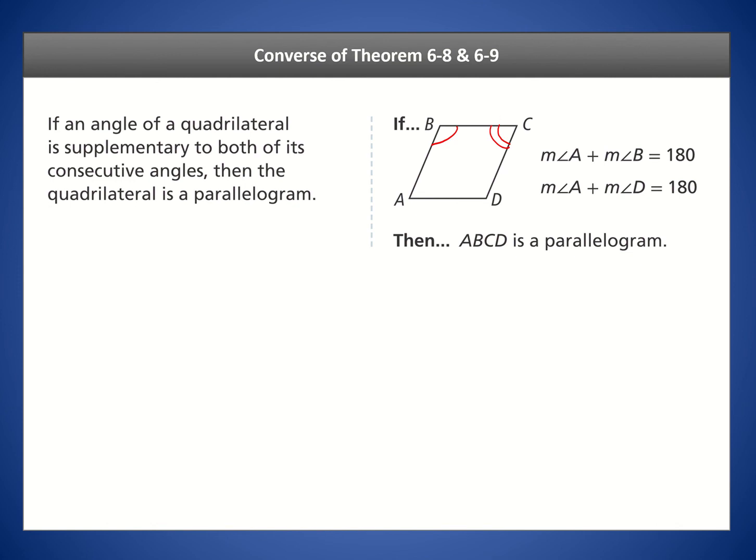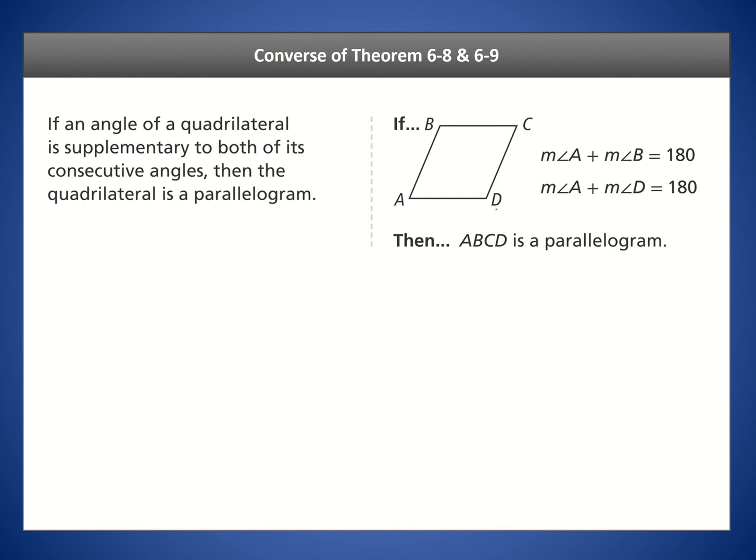Now, this theorem states that if you have supplementary angles that are consecutive, then you have a parallelogram. Okay, so B and C are consecutive, so are A and D, for instance, and so are A and B, and so on.